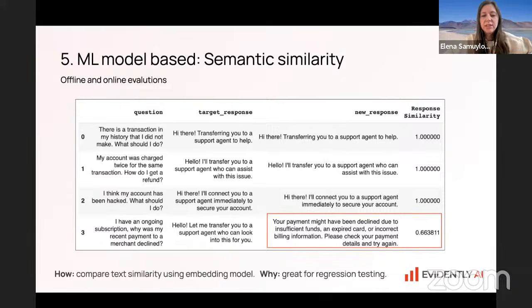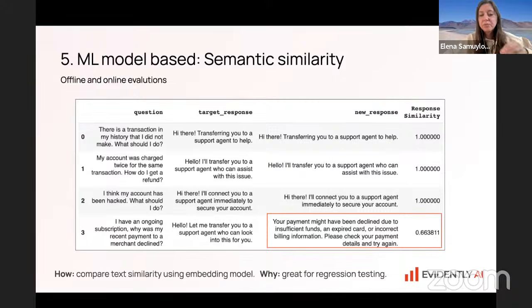Or you can see that in this case, instead of sending to an agent, the LLM actually generated a response, and the similarity was obviously low. So it helps you detect these differences very efficiently. It's not perfect because, for example, if texts are different lengths, or if texts are generally on the same topic but there's one small contradiction, it will not catch it as precisely. But for more crude evaluations, it's actually quite useful.